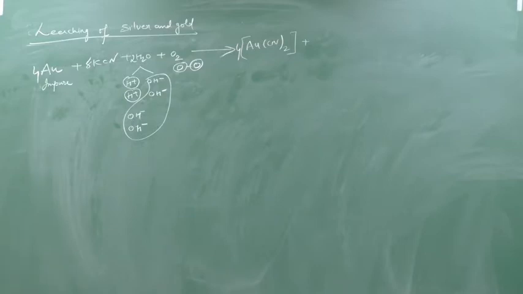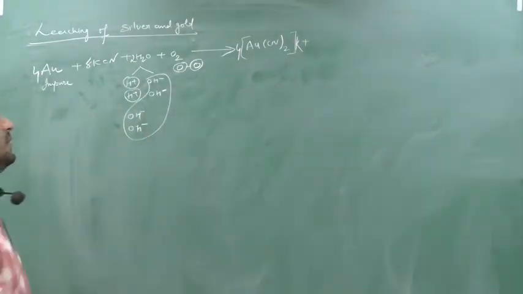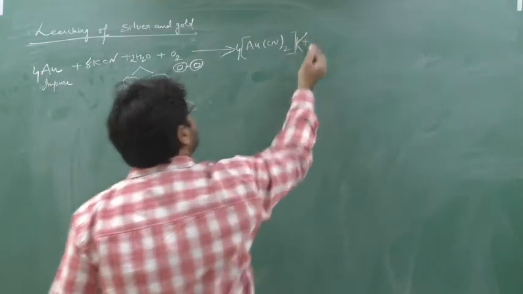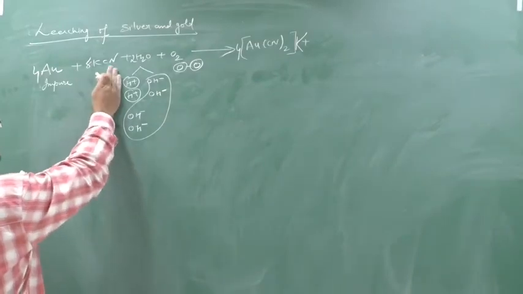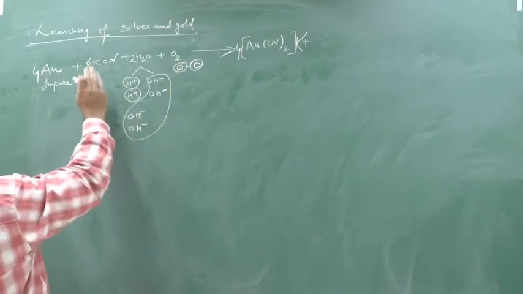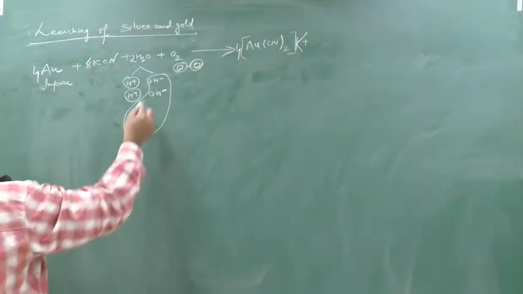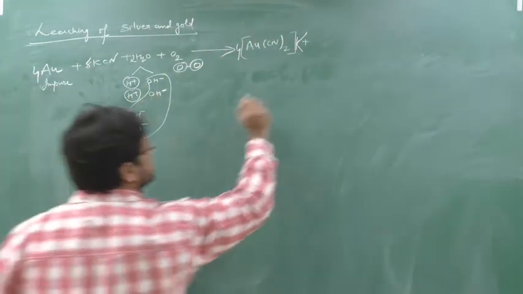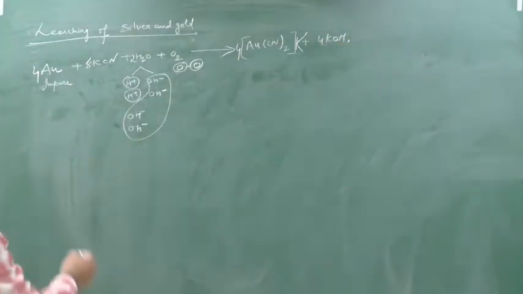Clear this part? Here K will also come, so 4K. Out of 8 KCN, 8 CN is over, 4K is over, 4K is remaining, and here 4 OH is there. So I will obtain 4 KOH. Clear?